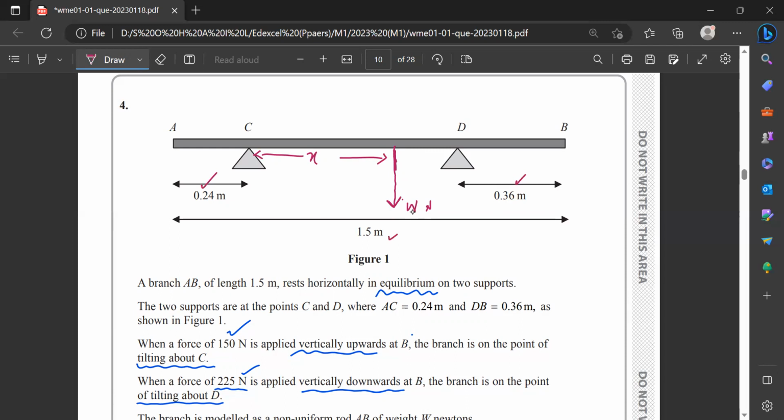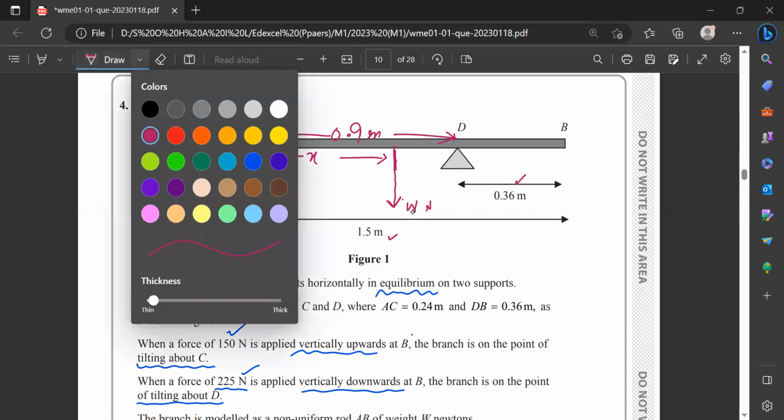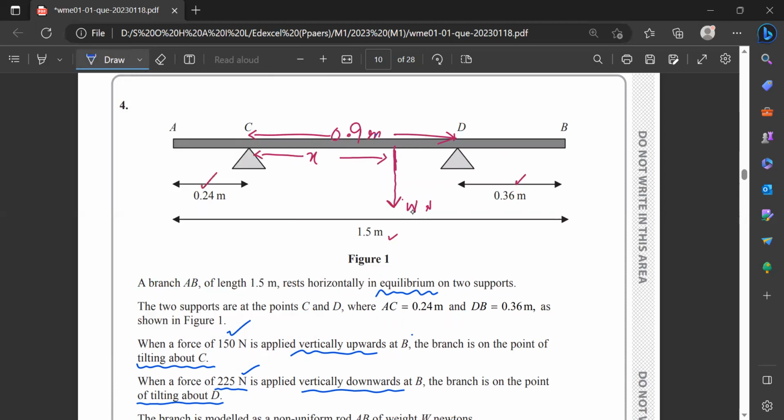Subtracting the sum 0.24 plus 0.36 from 1.5 gives 0.9, so this length is 0.9 meters. Then this remaining length is 0.9 minus x.